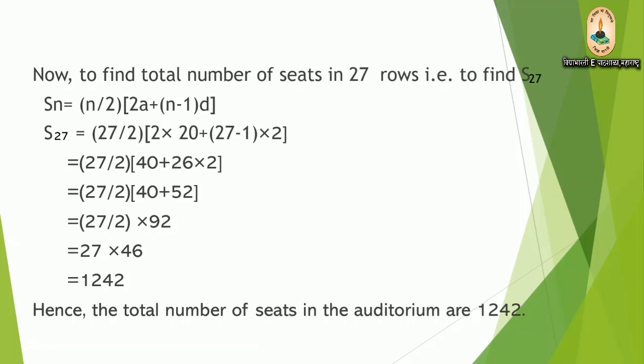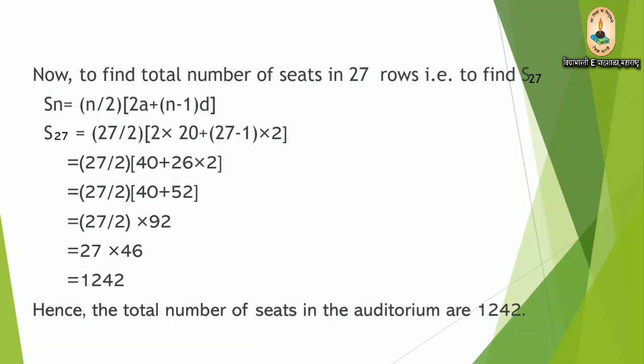Here n equal to 27 and therefore substituting the values of n, a and d, we get S27 equal to 27 upon 2 in bracket 2 into 20 plus 27 minus 1 into 2 equal to 27 upon 2 bracket 40 plus 26 into 2 equal to 27 upon 2 in bracket 40 plus 52 equal to 27 upon 2 into 92. Dividing by 2 we get 27 into 46.